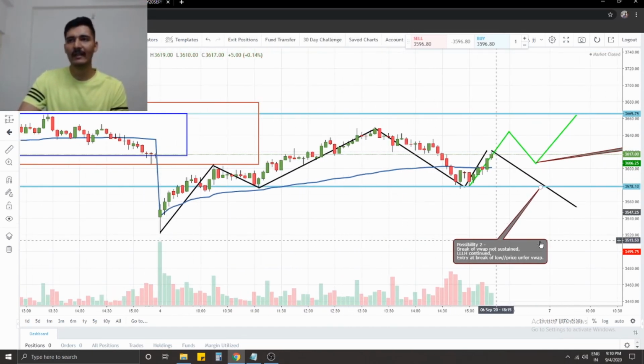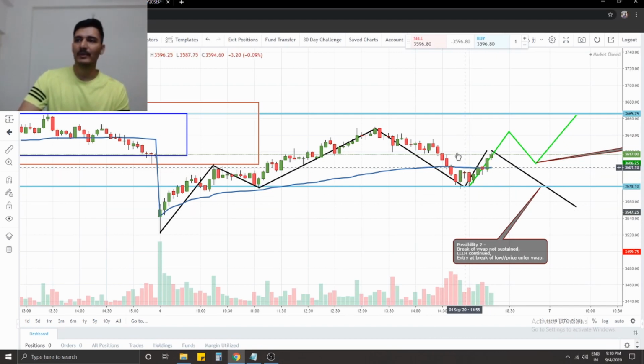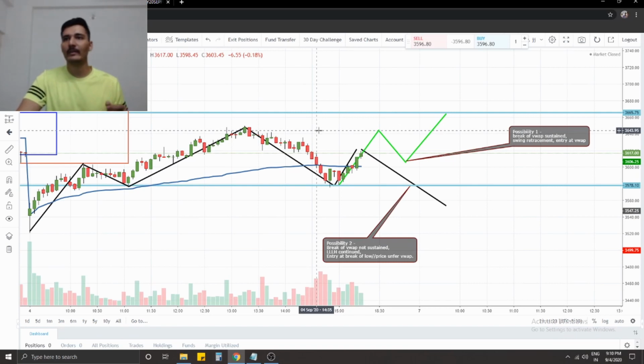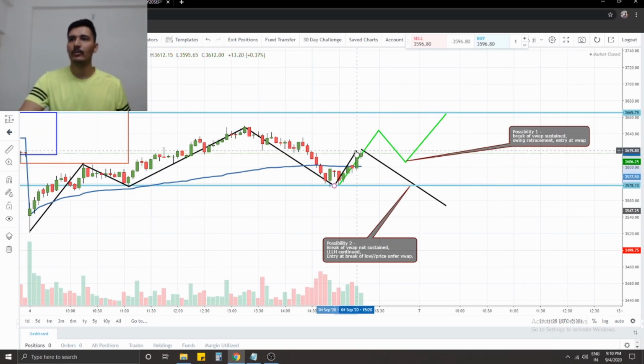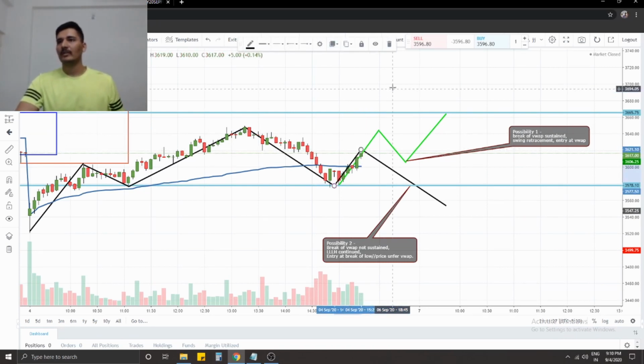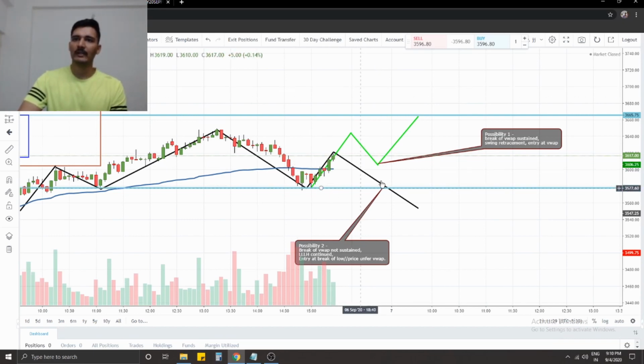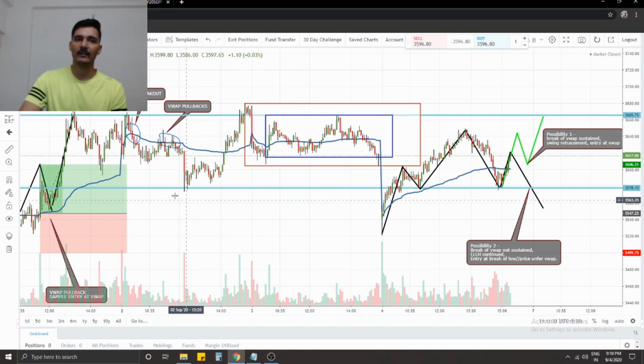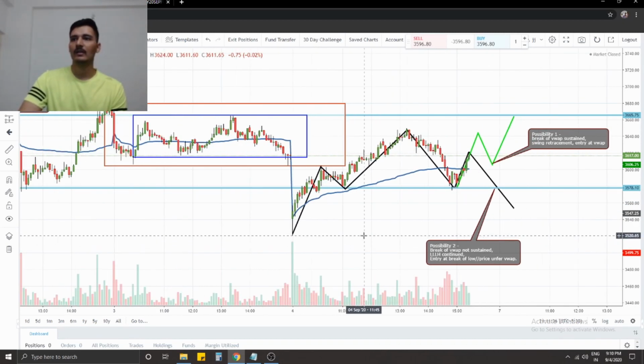Now in the second half of the trading session, the price stumbled under VWAP. So now at this point, going by the phase analysis, you have two possibilities. As you can see, I have written down the first possibility: that is a support level that has previously acted, the blue line. I have just plotted it out.